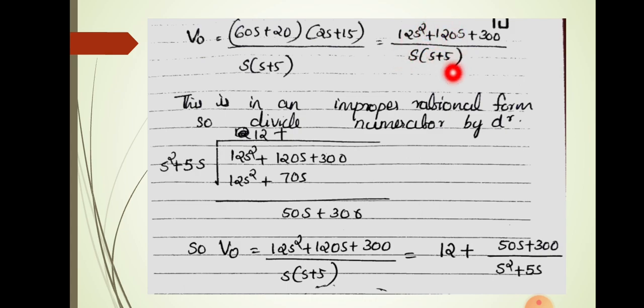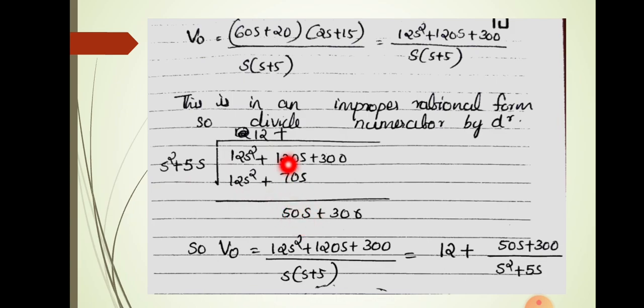So this is not in the proper rational form. That means it is in the form of an improper rational function. In such cases, you cannot directly apply the partial fraction method. Before that you have to simply divide this term by this. So this division is shown here, 12S square plus 120S plus 300 divided by S square plus 5S. So you can simply divide these quantities like this.